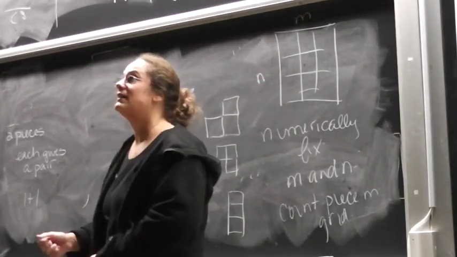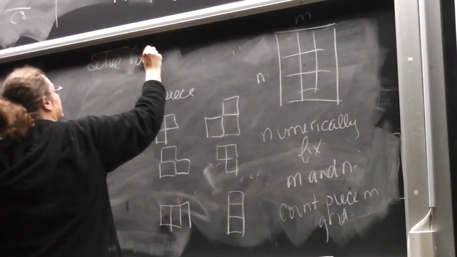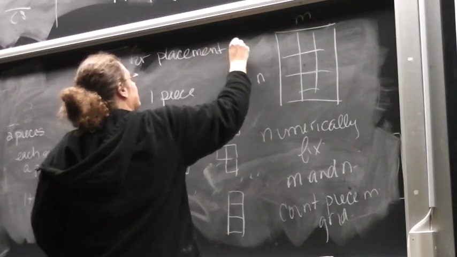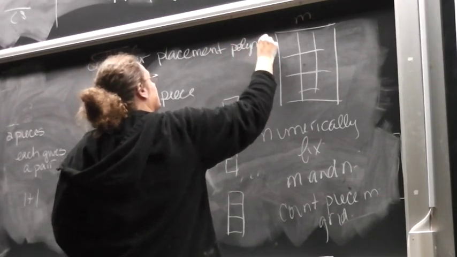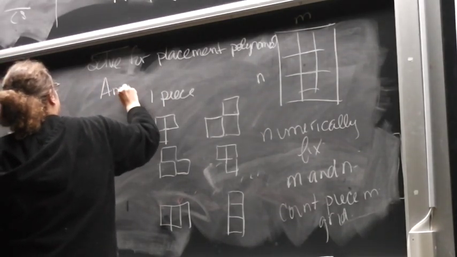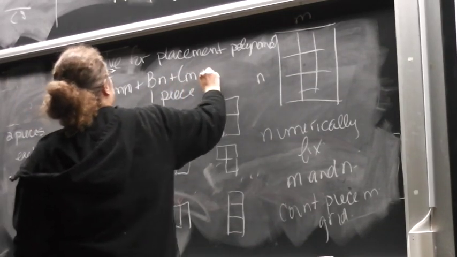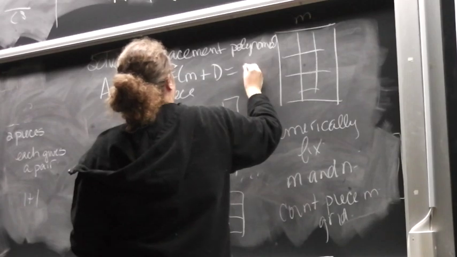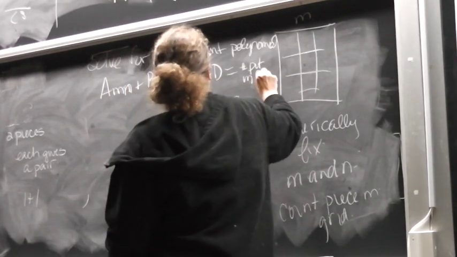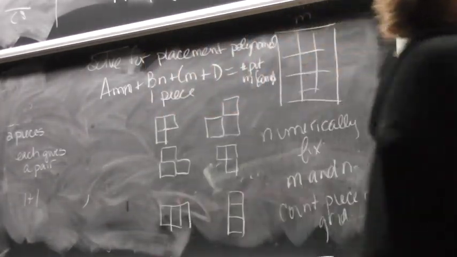So once you have enough numeric data, you can then solve for a placement polynomial of the form A M N plus B N plus C M plus D, which is going to equal the number of ways to put in the animal. Okay, so you solve for this, and that's your placement polynomial.